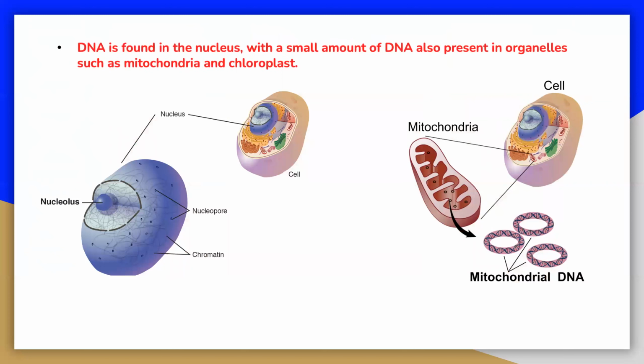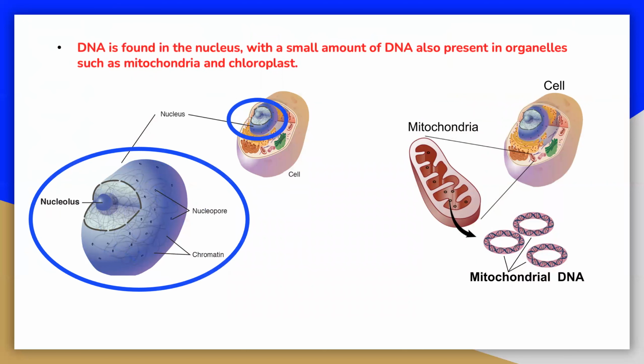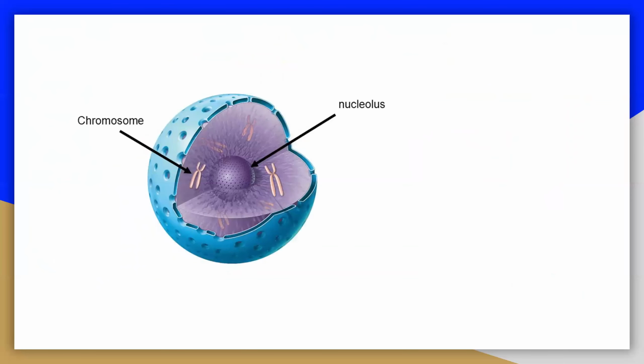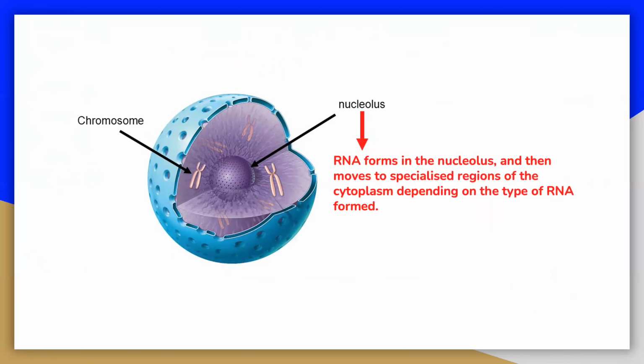DNA is found in the nucleus, with a small amount of DNA also present in organelles such as mitochondria and chloroplasts. RNA forms in the nucleus and then moves to specialized regions of the cytoplasm depending on the type of RNA formed.